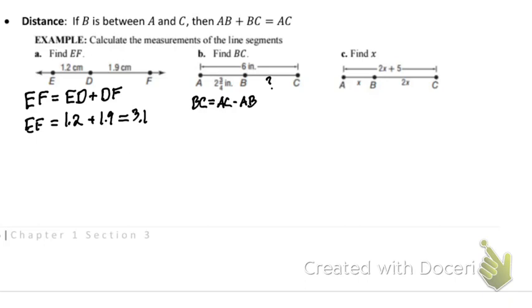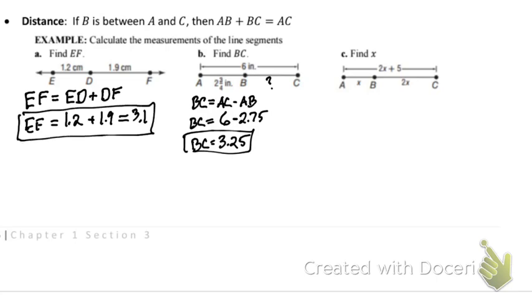And if we take AC minus AB, we're just left with BC. In the scheme of the numbers, we would say that BC is going to equal the length of AC, which is 6, minus 2 3/4, which is really 2.75, easier to do with, so BC is just going to equal 3.25. Maybe I should highlight that one, because that's our end answer.